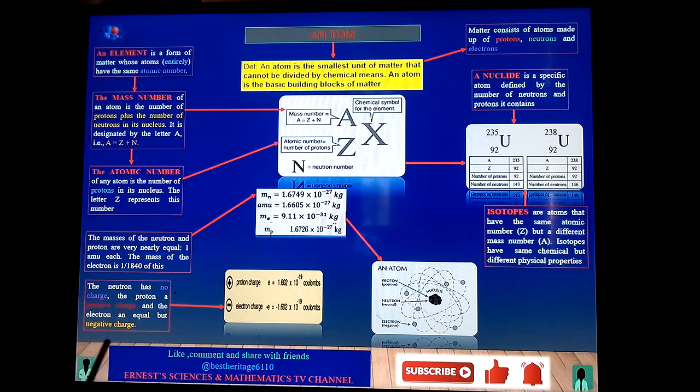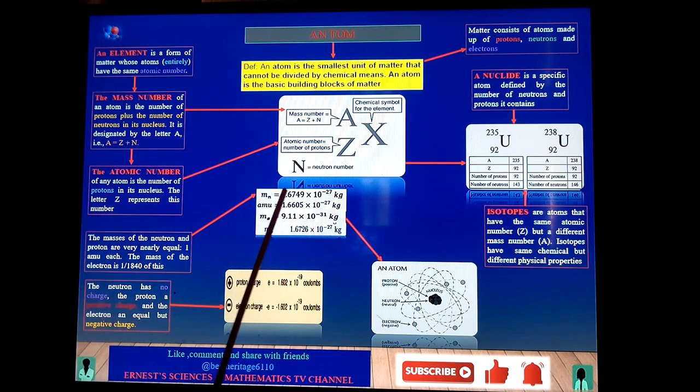I've talked about the concept of atomic number and mass number. The mass number is the number of protons plus the neutrons contained in an element, and the atomic number represents the number of protons in an element. There's a slight variation in the weight of these subatomic particles, whereby one atomic mass unit is of the order of 10 to the negative 27.